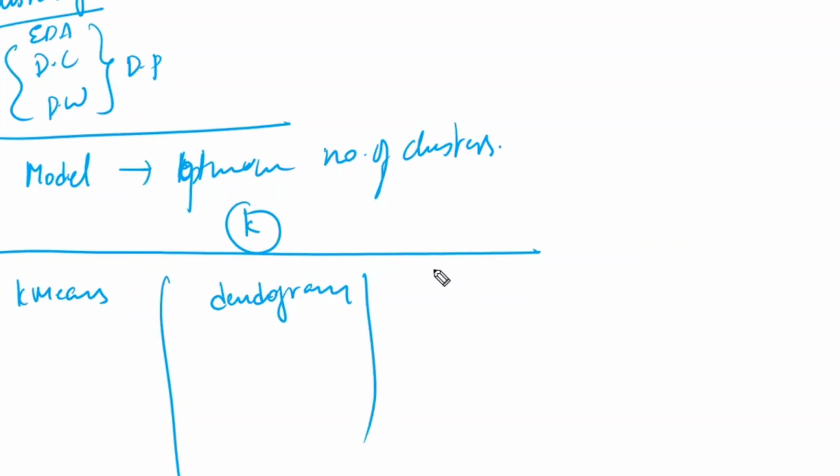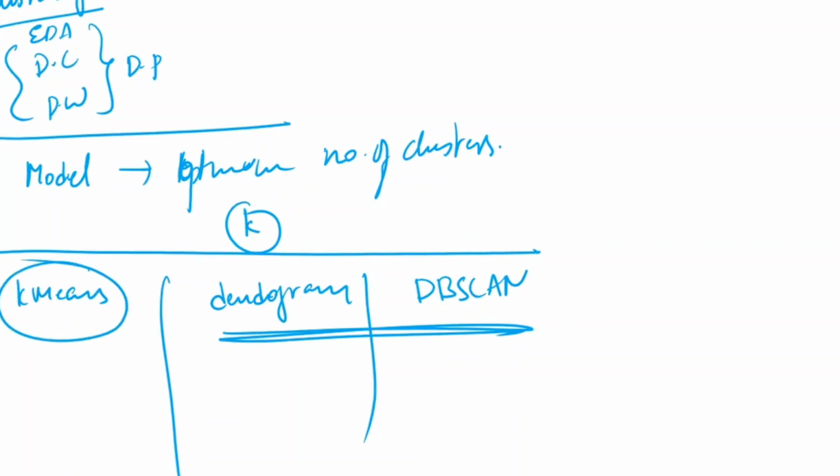If you want to identify the outliers or the noise or some kind of anomalies, apply DBSCAN. As per your requirement, we are going to do these. Majorly, we are going to work on k-means. If you want to see the dendrogram only, we use hierarchical clustering. If you want to observe any anomalies only, we have to do DBSCAN.